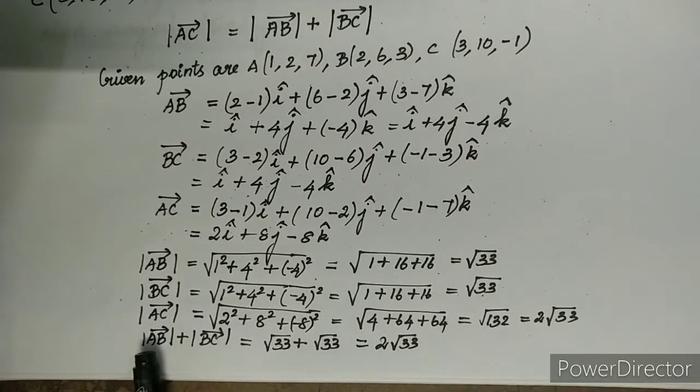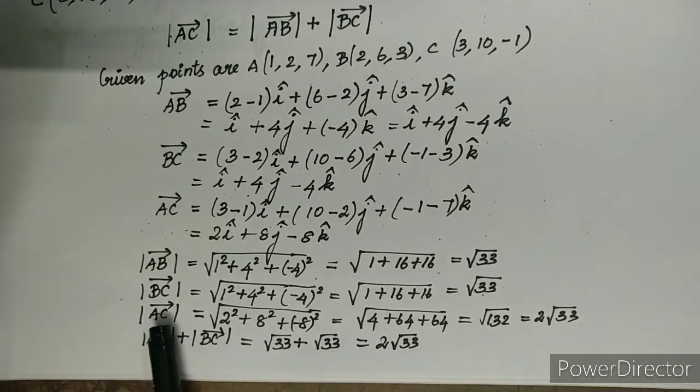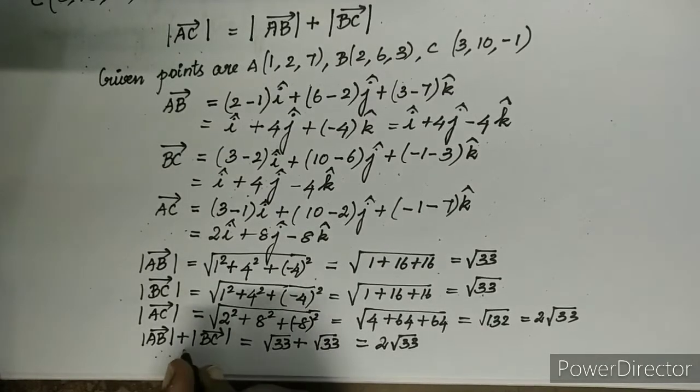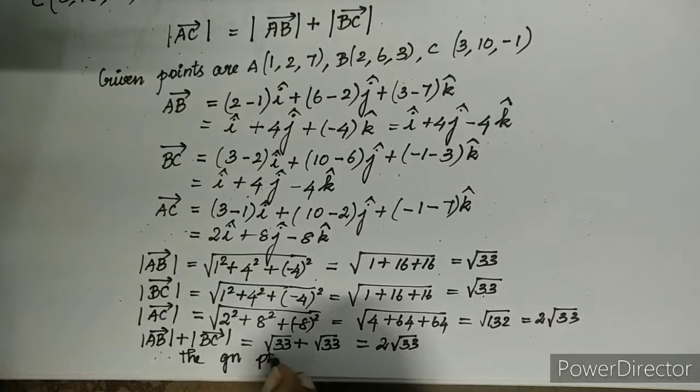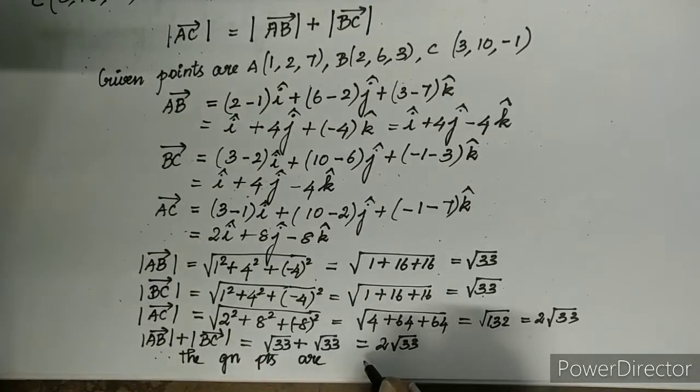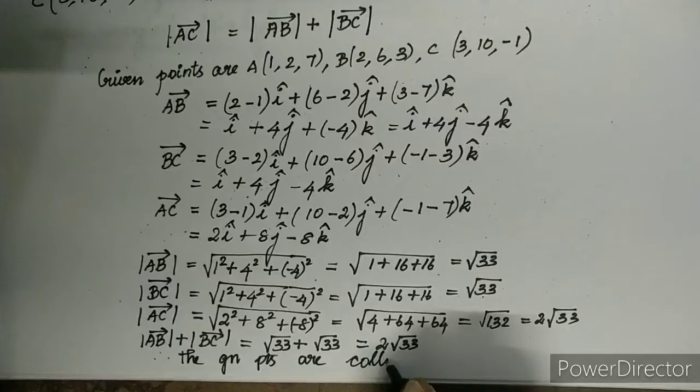Therefore, magnitude of AB vector plus magnitude of BC vector is equal to magnitude of AC vector, because both are 2 root 33. So the given points are collinear.